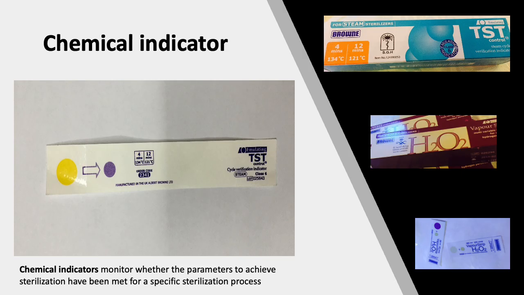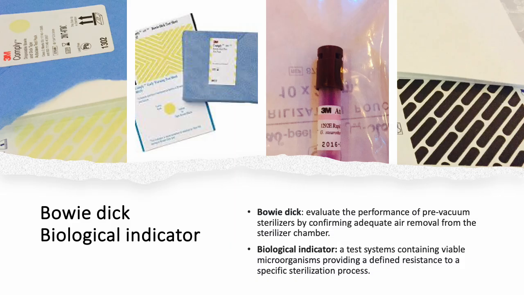Bowie-Dick and biological indicator. Bowie-Dick is used to evaluate the performance of the pre-vacuum sterilizer by confirming the adequate air removal from the sterilizer chamber. The biological indicator is a test system containing viable microorganisms providing a defined resistance to a specific sterilization process.